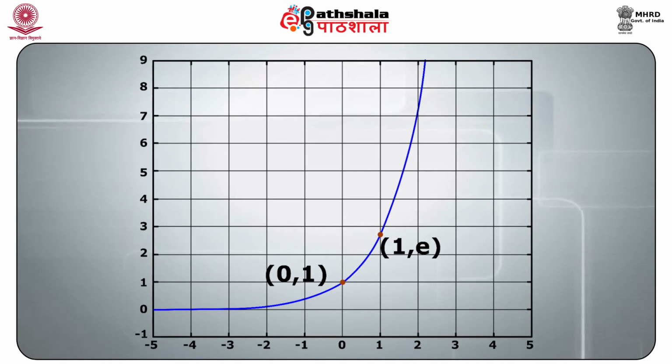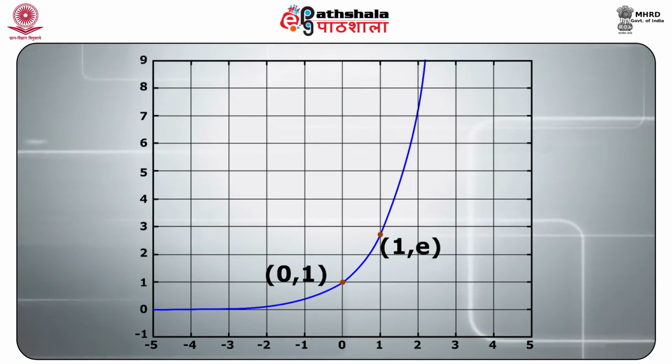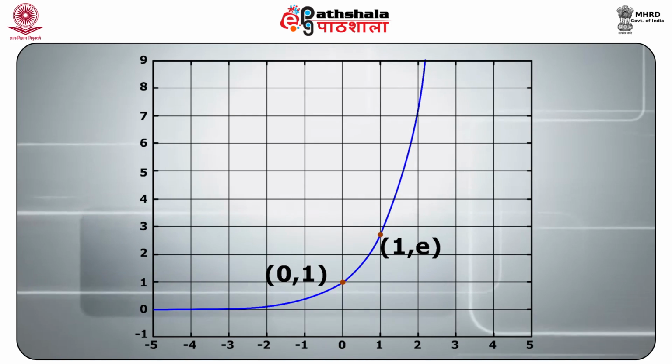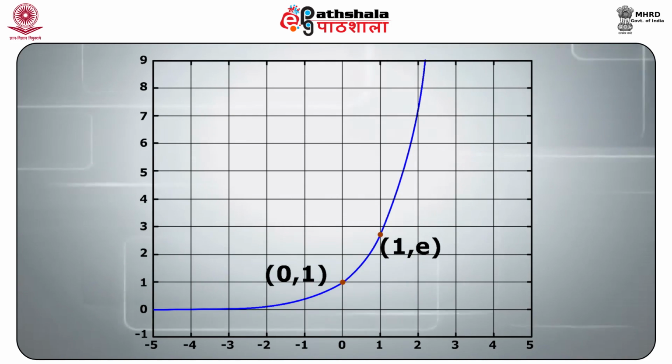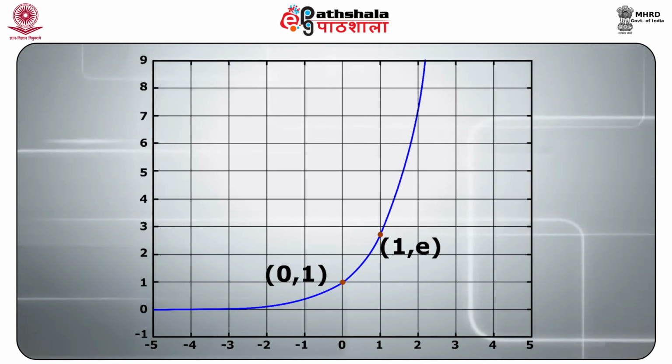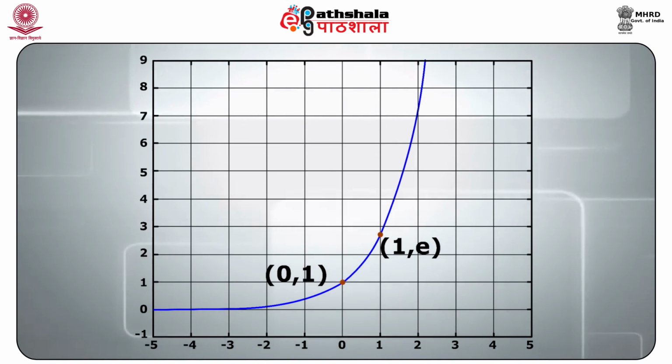When we look at the function, as x approaches 0 from the left hand side, that is from minus infinity, then f(0) approaches 1. The coordinates of x and y therefore are 0 and 1.